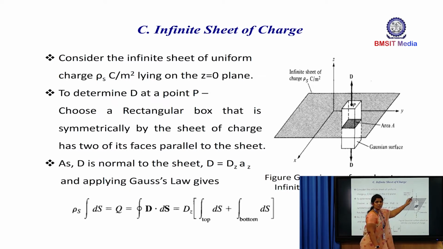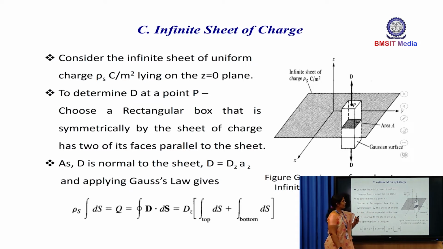As D is normal to the sheet, D is equal to D z a z. Once you have defined the electric flux density D, you can apply Gauss law, which gives the value of your charge. So rho s integral dS is nothing but your charge, and this charge we can also define, similar to the previous case.